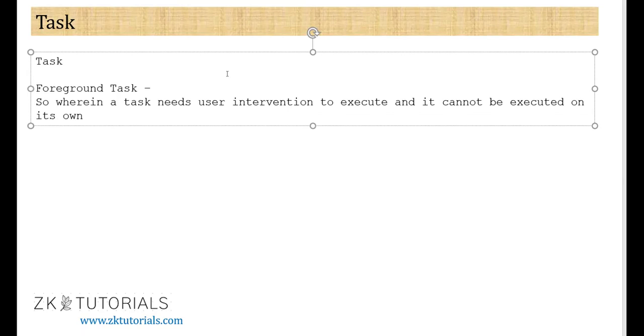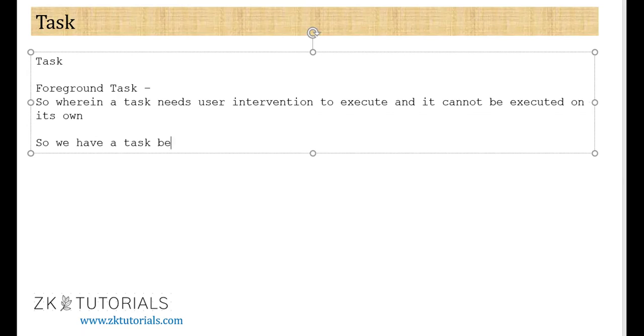I hope this one is clear, guys. We have seen that a task can be executed in two ways: using a background task and a foreground task.